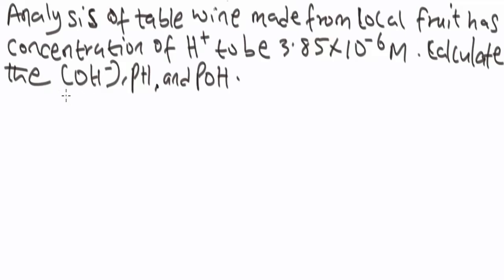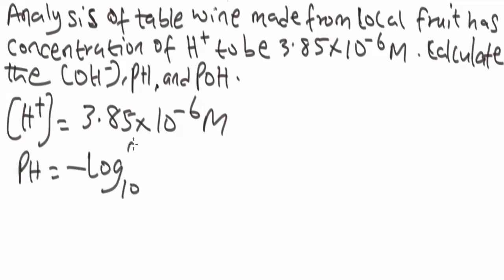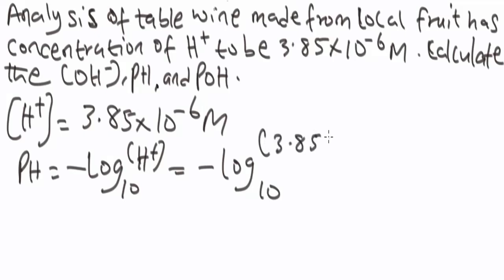So since we have our hydrogen ion concentration to be 3.85 times 10 to the power minus 6 mole, then the pH equals negative log base 10 of this hydrogen ion concentration. So it's going to be negative log base 10 of 3.85 times 10 to the power minus 6.